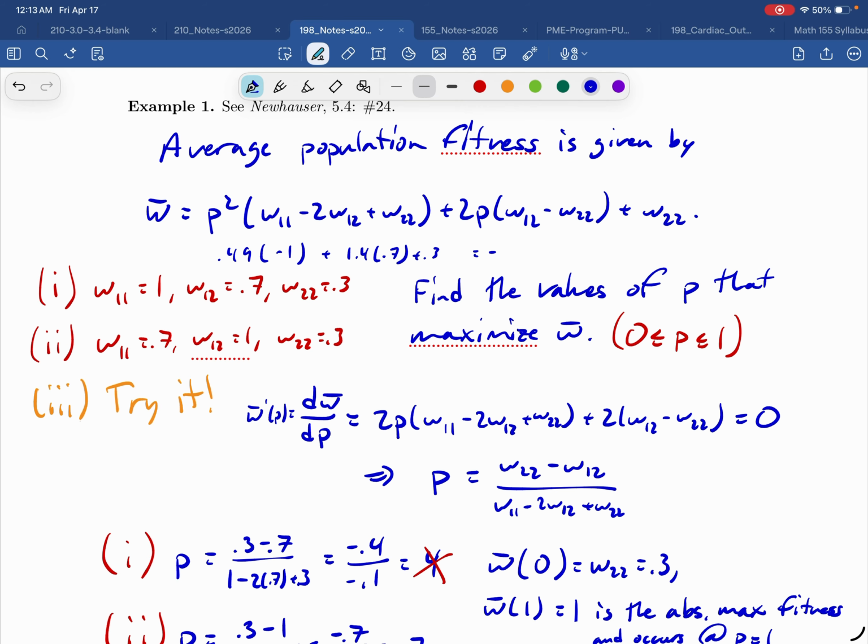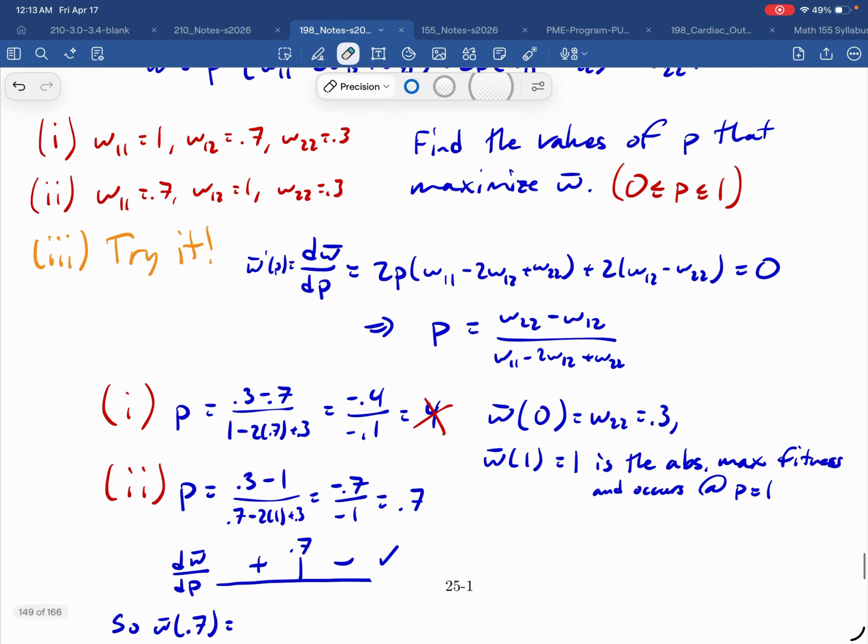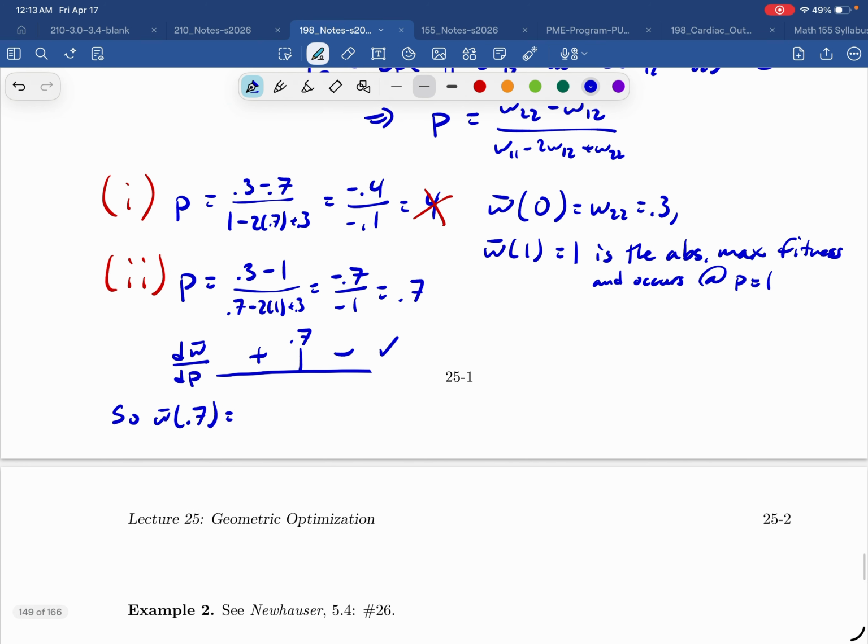We wind up getting negative 0.49. What's 1.4 times 0.7 plus 0.98 plus 0.3? I think it's 0.79 is what I'm getting. I might be wrong about that, but I think that's right. Correct me if I'm wrong.